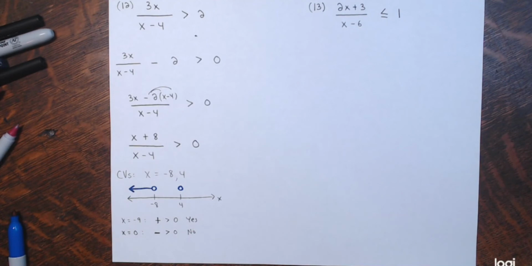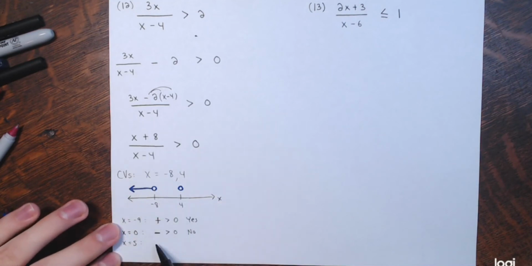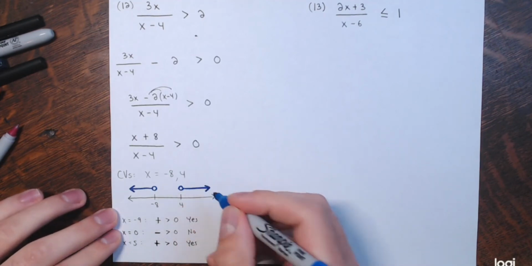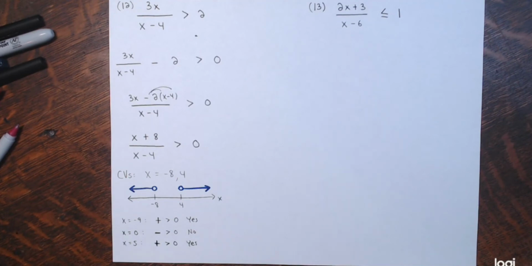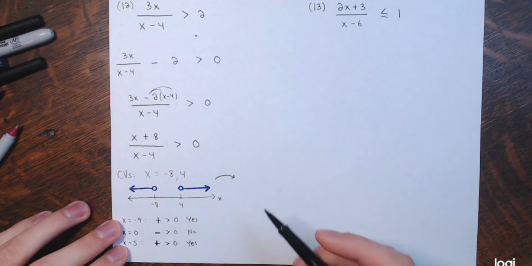And then to the right of 4, how about just 5? Positive numerator, positive denominator, so a positive number. And is that greater than 0? Yes, it would be. A positive number is greater than 0. So any number to the right of 4 should be a solution as well. And then now that I've got my picture, I can write the interval notation.